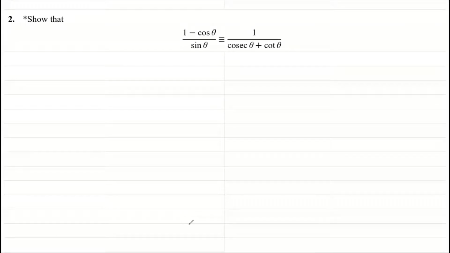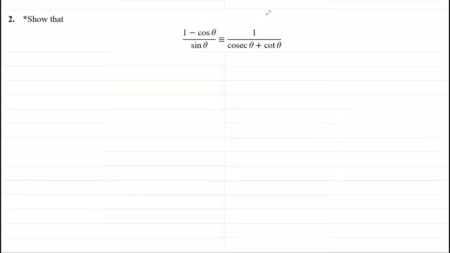Now, moving on to worked example 2, I've put a little asterisk next to this because this one is quite challenging. So what we have here, we've got a left-hand side, which is purely in terms of those building blocks, isn't it? Cosine and sine. So that's kind of pushing me away. I think I want to leave that as it is. Maybe that's something we can show.